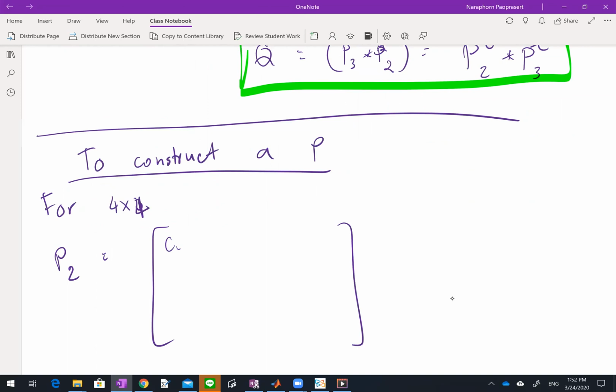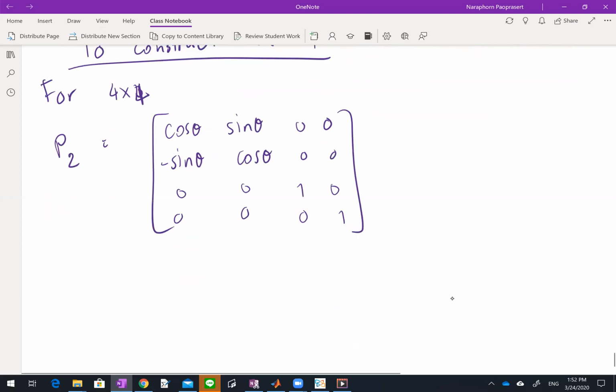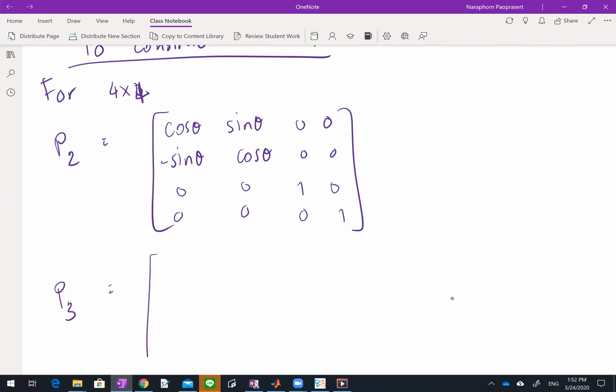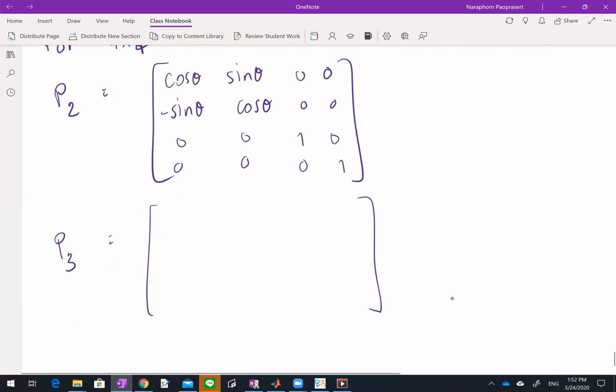Your P2 will be something like that. Cos, sine, minus sine, cos, 0, 0, 0, 0, 0, 0, 0, 0, 1, 1, 0, 0. So this is P2. P3 is going to move along the diagonal line by 1 unit.